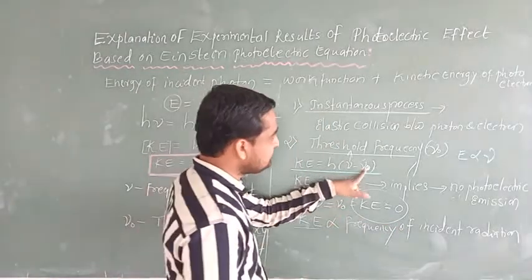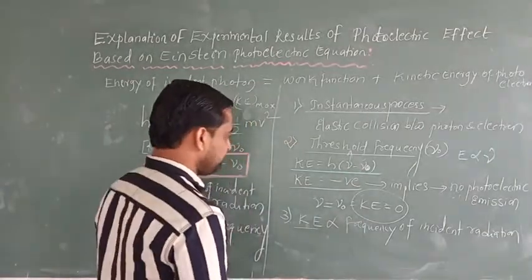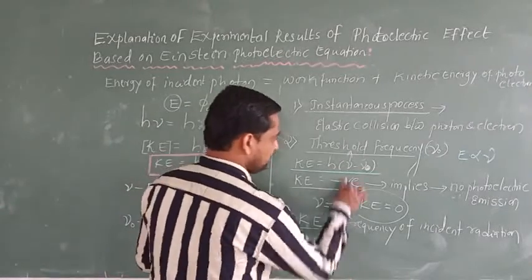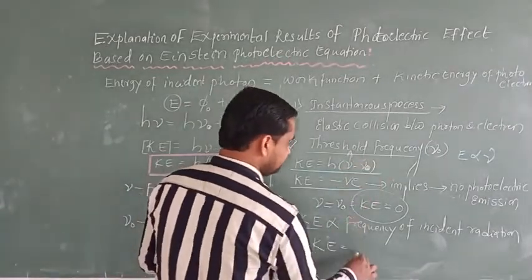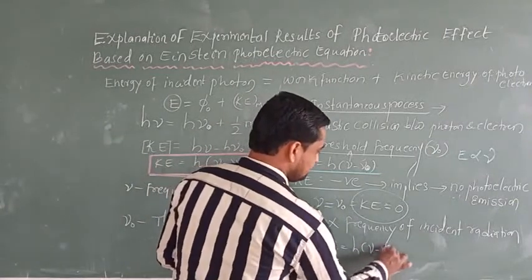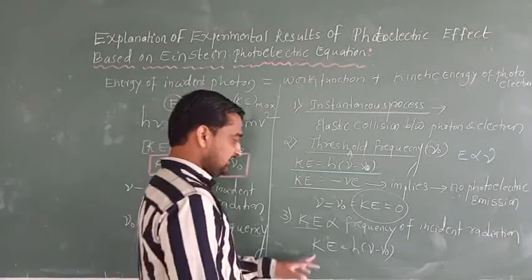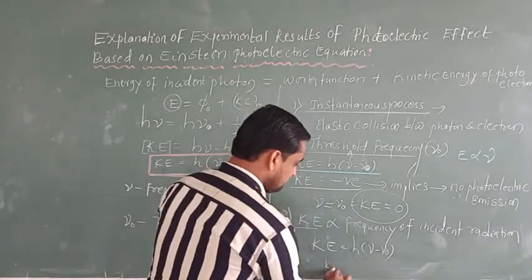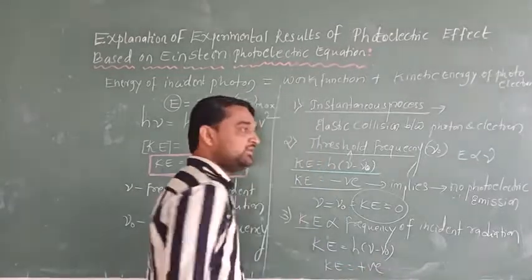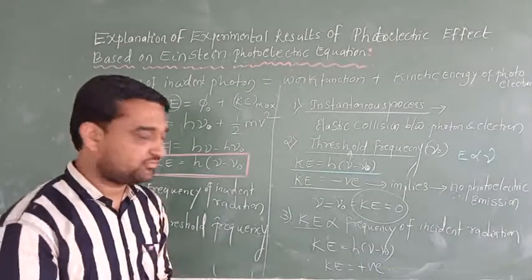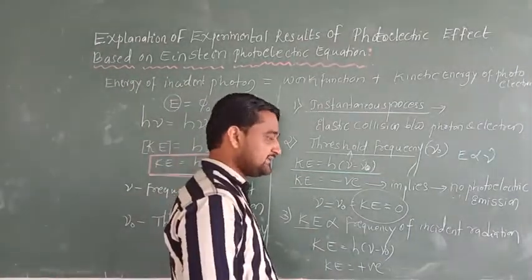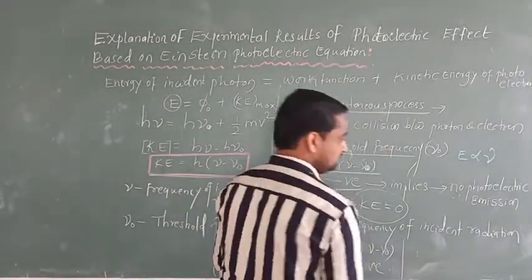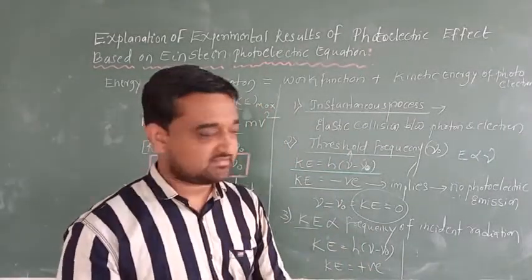When the frequency of incident radiation is greater than nu naught, then what happens here? Kinetic energy is equal to h into nu minus nu naught, and as nu is greater than nu naught, this term becomes positive. Then the electron moves with velocity v by taking the extra kinetic energy.